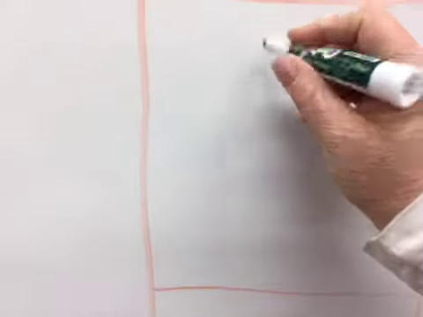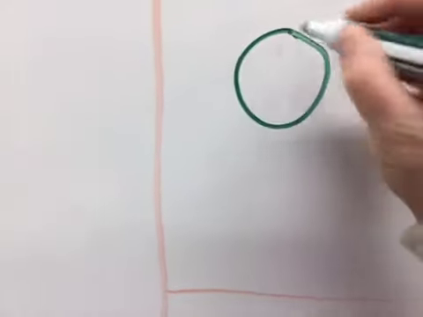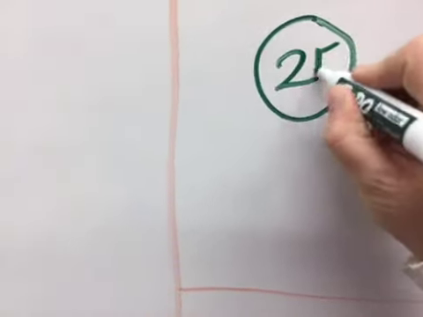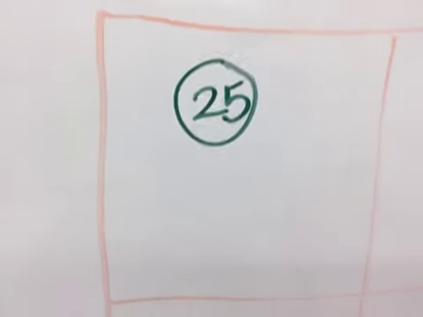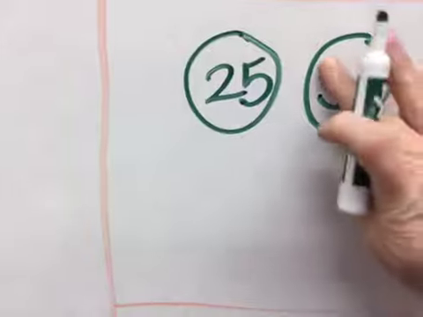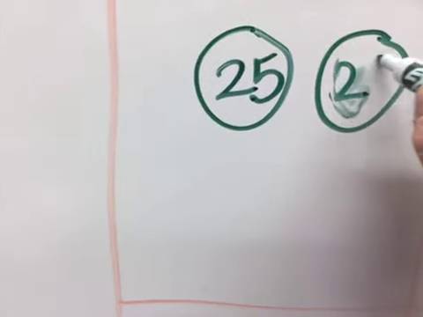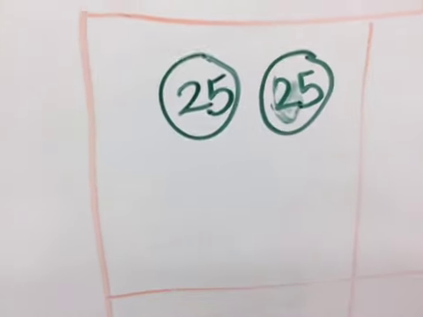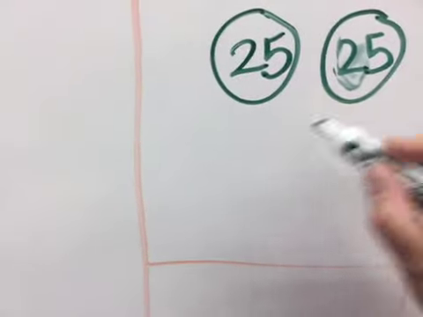68 cents. I'm thinking if I start with a quarter, that is 25 cents. So I'm going to draw and label it as 25 cents. Another quarter, its value is 25. Makes 50 cents. 25, 50.